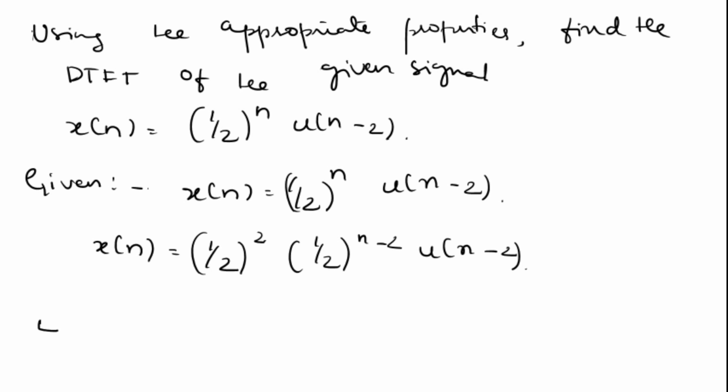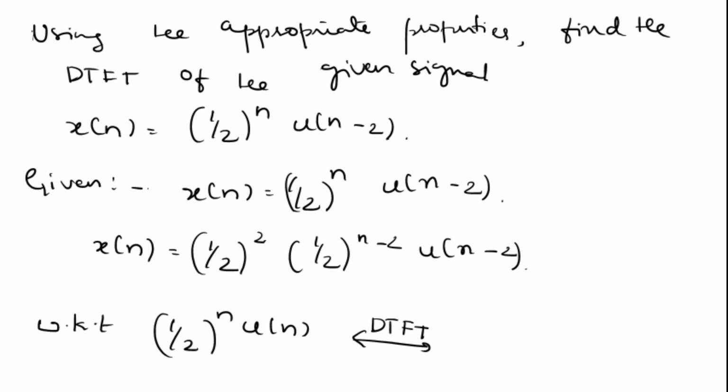And we know that half to the power n into u of n, if I take DTFT, I will get 1 divided by 1 minus half into e power minus j omega.